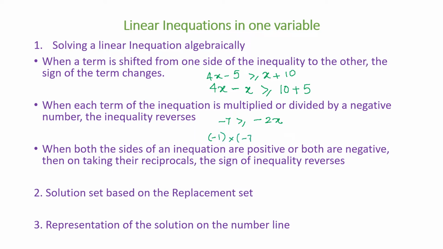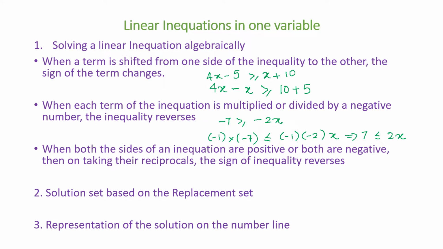The inequality that was greater than or equal to will become less than or equal to, so minus 1 into minus 7, and minus 1 into minus 2x. Effectively this is going to become 7 is less than or equal to 2x.